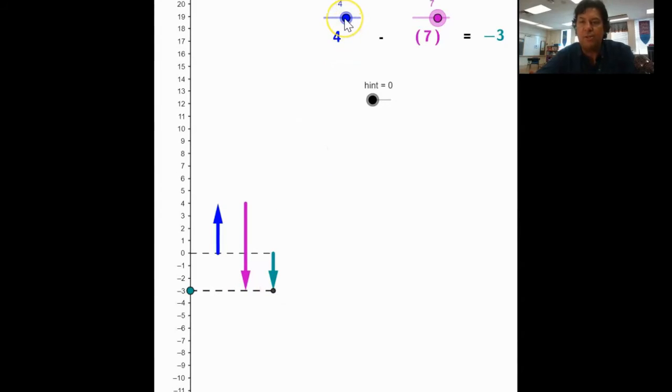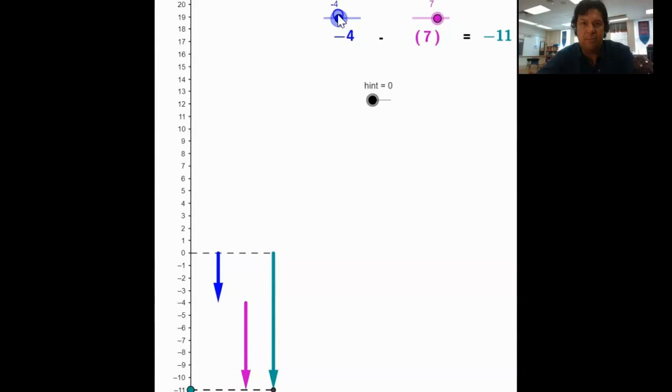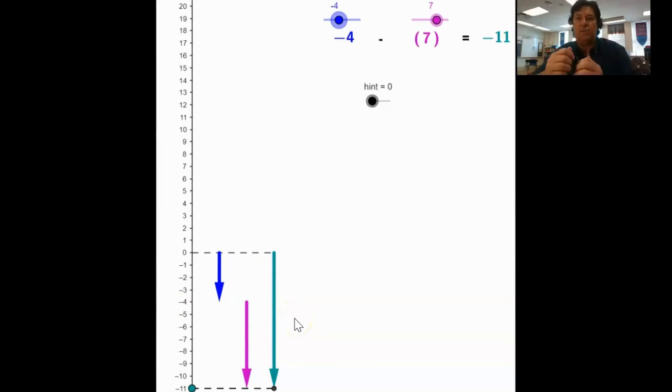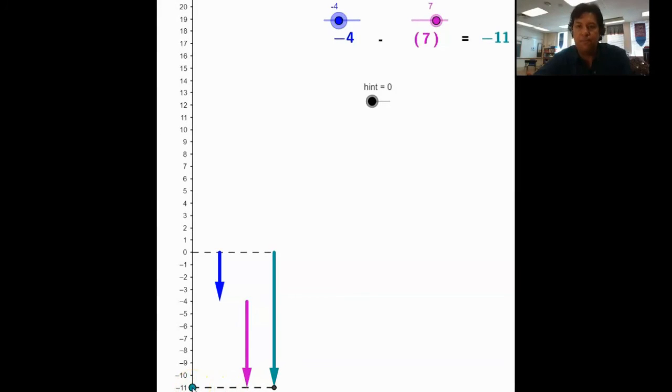What happens if we start with a negative number, like -4? Our starting point was 0, and then we moved to -4. Now we're subtracting 7, which means we're going to go down the number line 7 spaces. And there we are at -11.